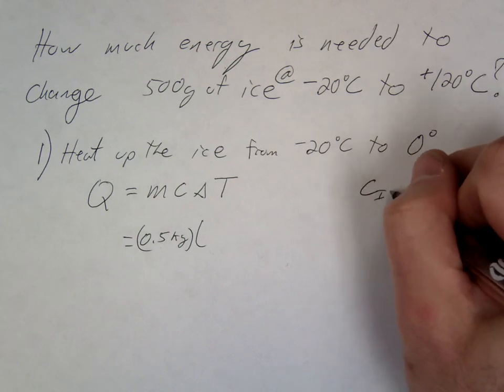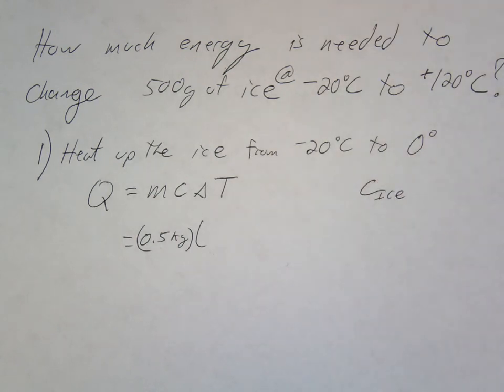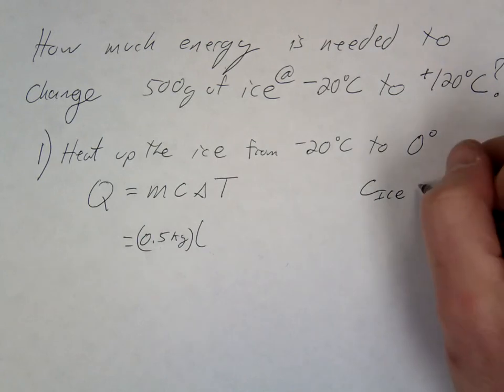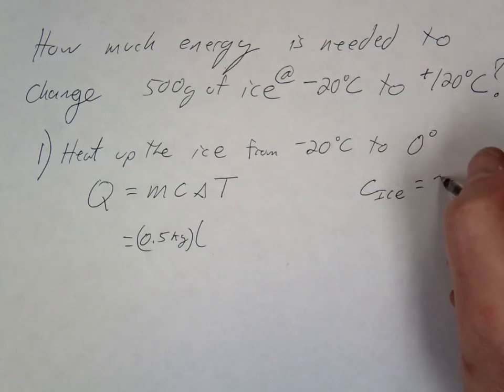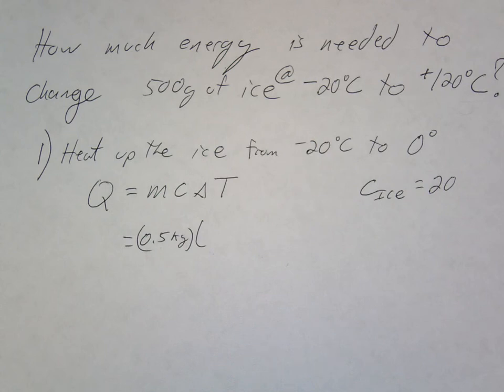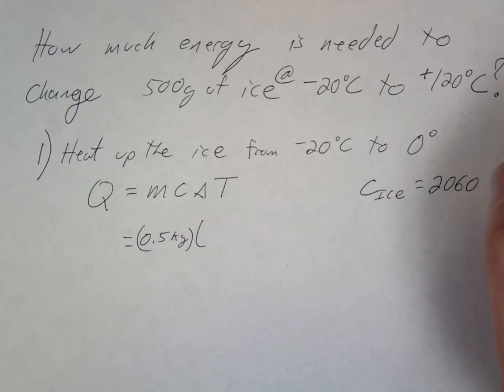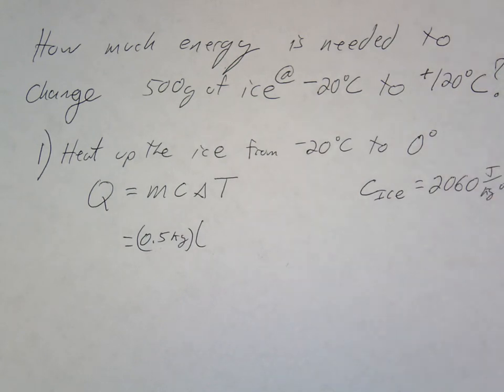And the C for ice is different than the C for water. So the C for ice is 2060 joules per kilogram per degree C.